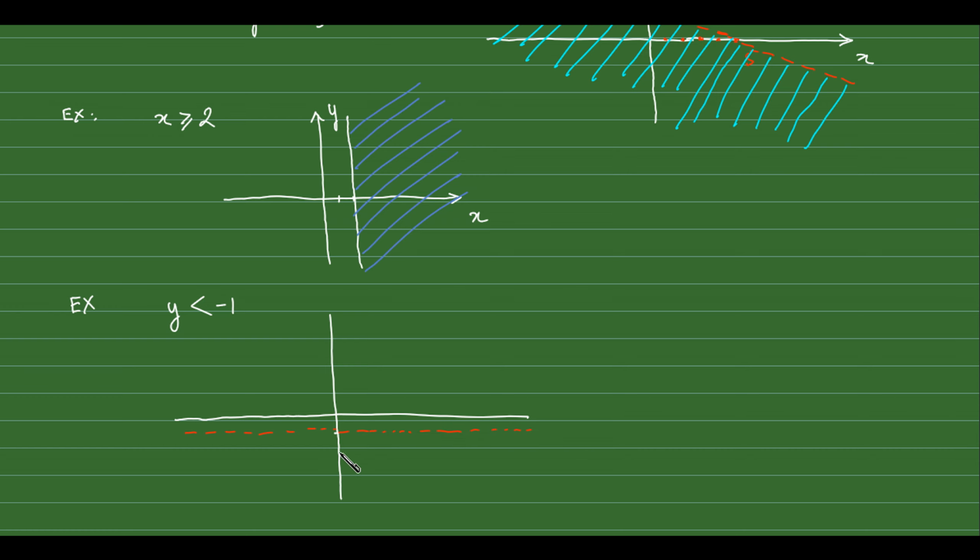So that's the dash. And because it's less than, you're going to shade everything below that. That's it. That's simple, nothing really hard here.